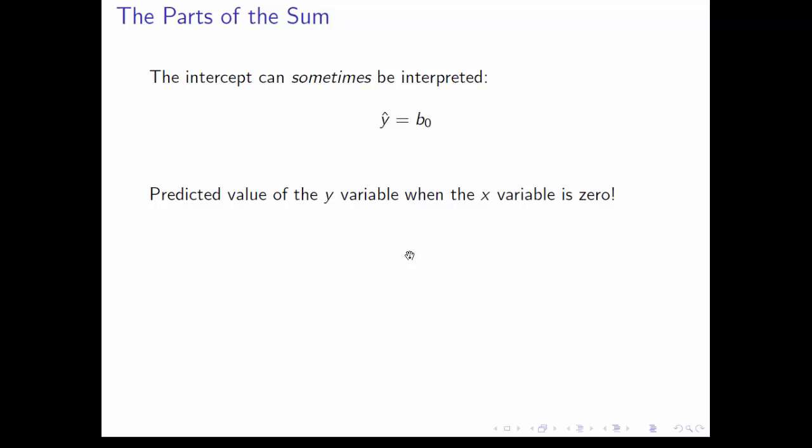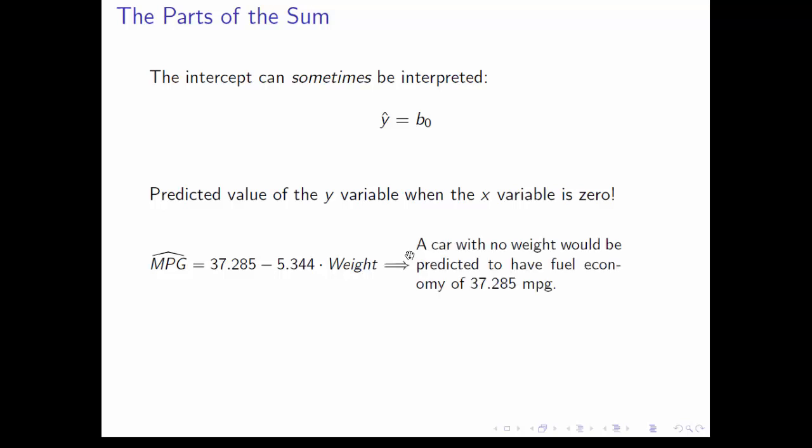When I take the miles per gallon example and put in a 0 for weight, I get 37.285. So that intercept means that a car with no weight would be predicted to have a fuel economy of 37.285 miles per gallon.